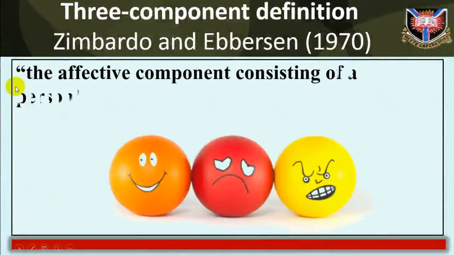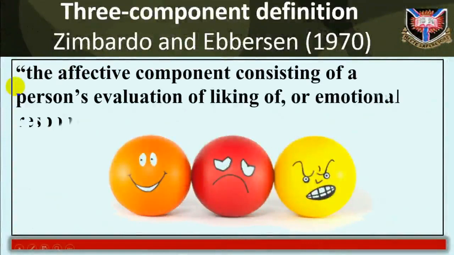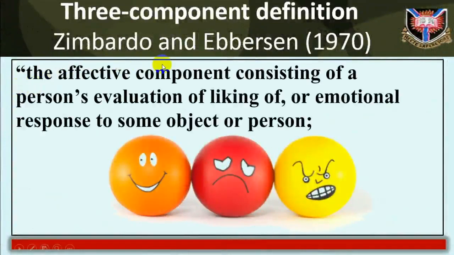Zimbardo and Ebbesen, 1970, explain these components as the affective component consisting of a person's evaluation of liking or emotional response to some object or person, the cognitive component consisting of beliefs about or factual knowledge of the object or person.